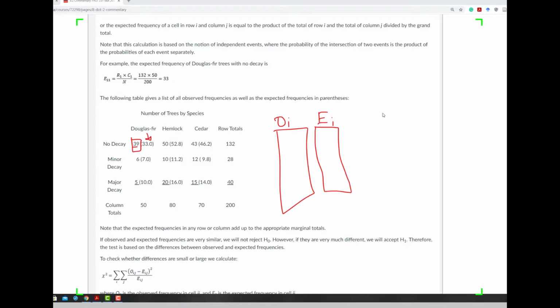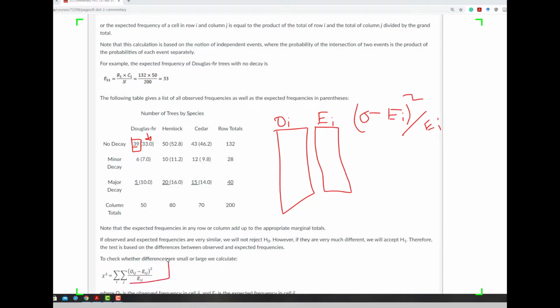Then we can find the observed minus expected, take the square, and divide each of them by their corresponding expected value.